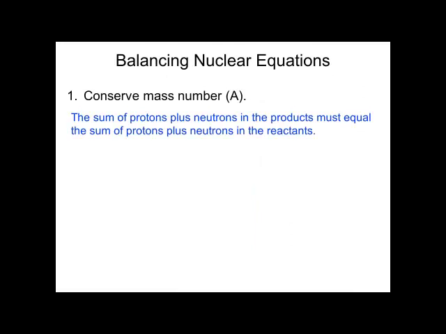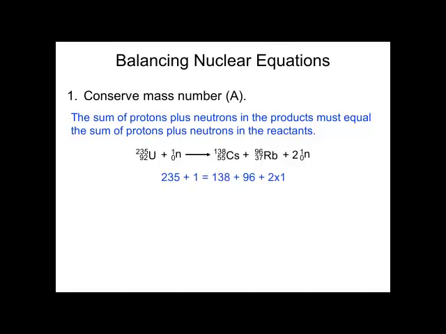When you balance nuclear equations, you have to conserve the mass number. That is, in this case, uranium-92-235 plus a neutron decomposing into cesium-55-138, rubidium-37-96, and 2 neutrons.